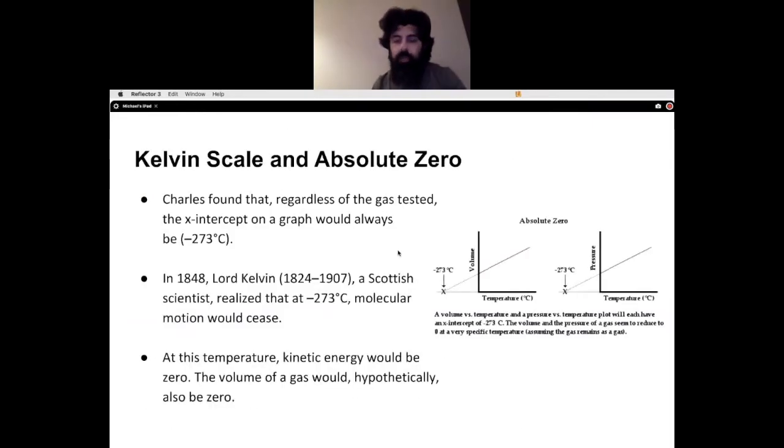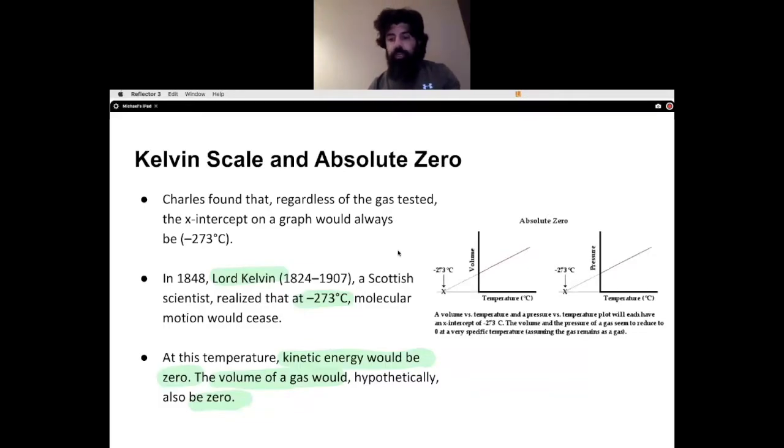And here is what we come across from Lord Kelvin, a scientist who discovered that at minus 273 degrees Celsius, all molecular motion would cease. So at this temperature, the kinetic energy would be considered zero. And if the kinetic energy is zero, then hypothetically the volume of the gas would be zero, which means we no longer have a gas, and now that gas has become a liquid.